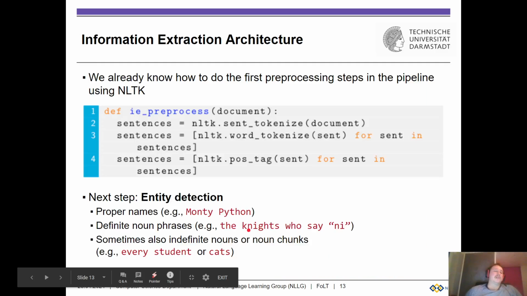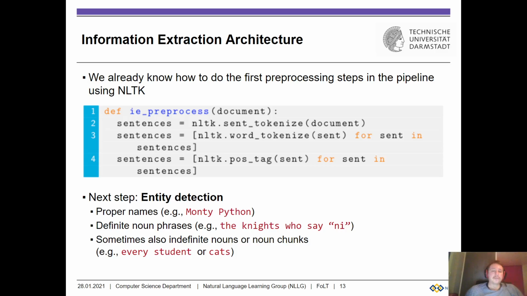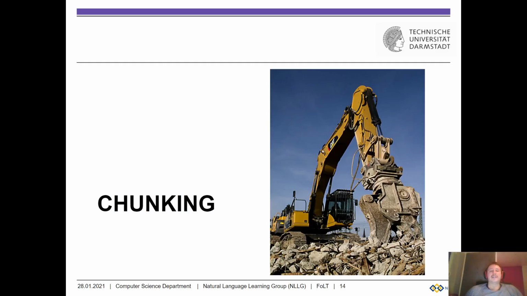But the common theme of the information that we are looking for, and the common characteristic of those entities, is typically that they involve something called nouns. And this is what we're going to be doing in the next few slides.